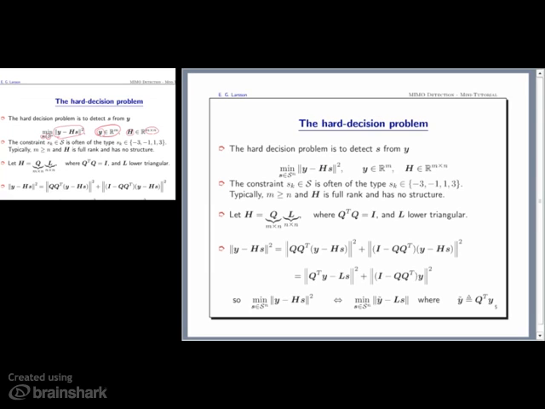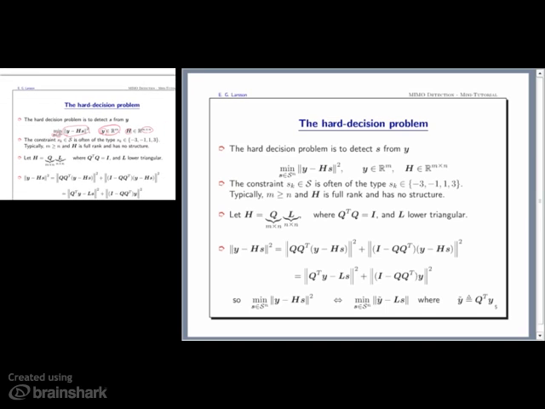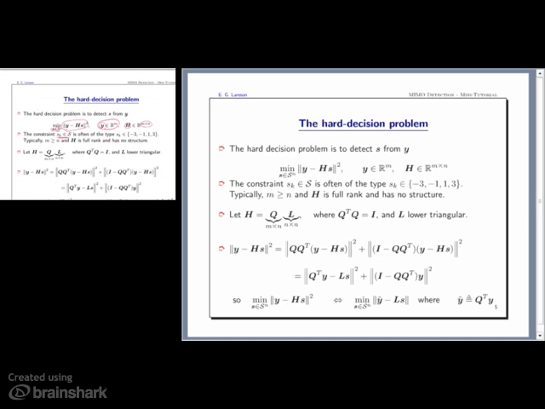Now, the constraint here that the symbols s_k belong to this constellation is often of the type that s_k is equal to -3, -1, +1, or +3. That would be like a scaled 4-PAM constellation or so. And typically, m is at least as large as n, so think of the MIMO context, where we have at least as many receiving antennas as we have transmit antennas.